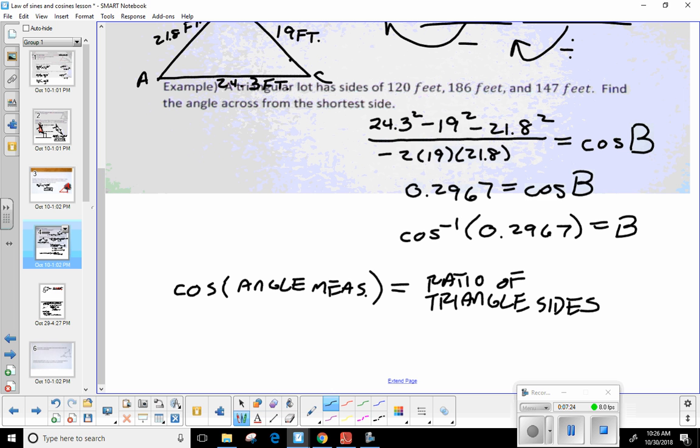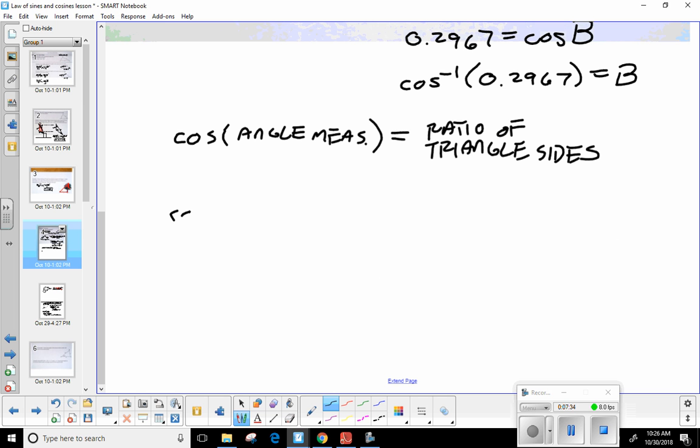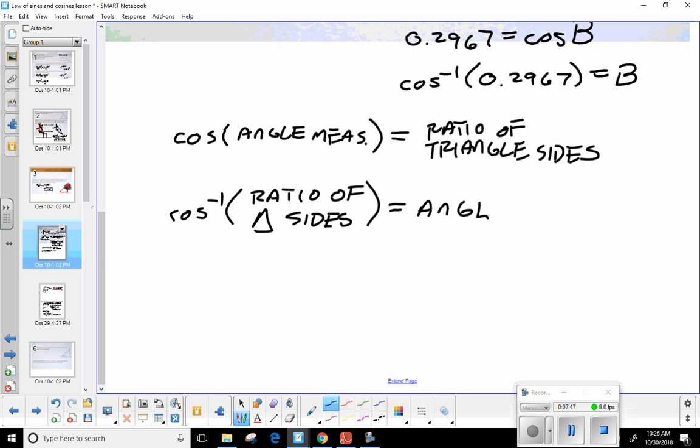Every time you evaluate a trig function, you plug in some angle measure, whether that's radians or degrees, and you're going to get out the sides of a triangle. Well, if we're working backwards, I'm going to take the inverse, but I'm going to input the ratio of the triangle sides. And this time the output is going to be that angle measure that I'm looking for.